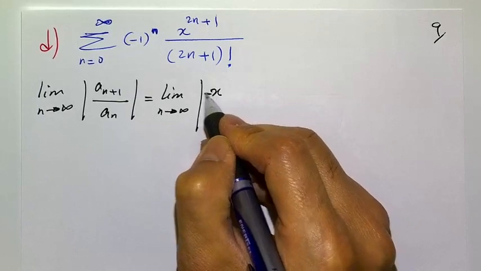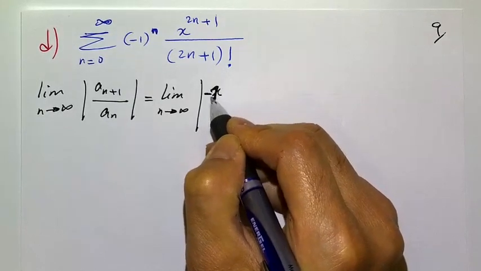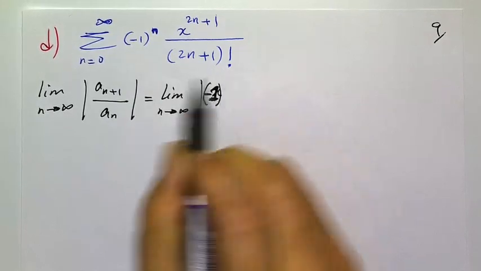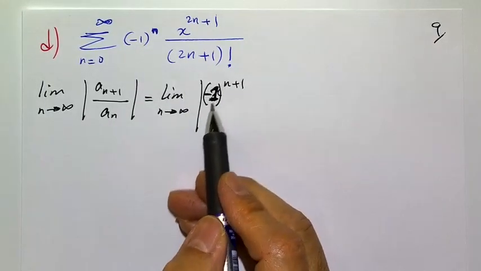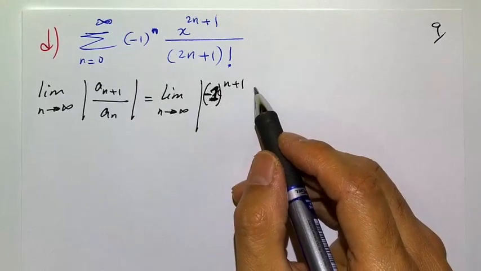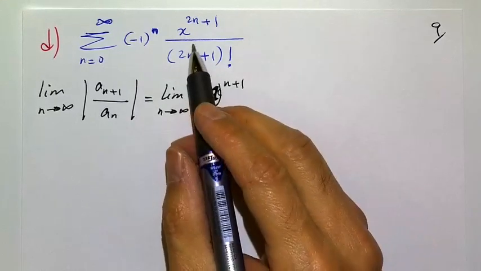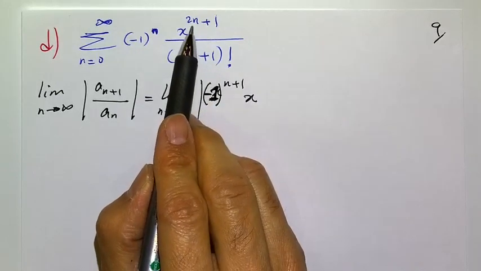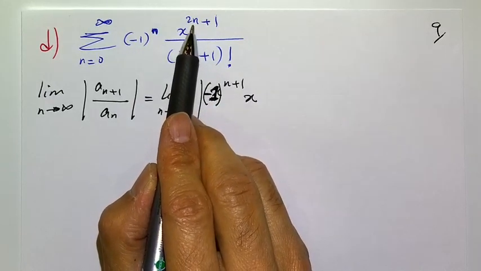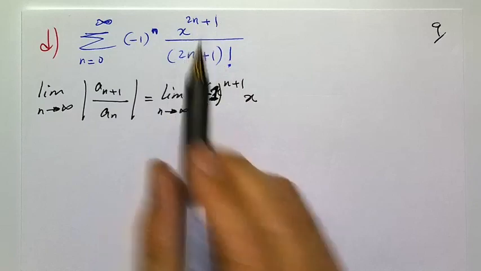I will clean this up before, because I should have said minus 1 to n plus 1. I will maybe clean this up before posting on Canvas. I should do that. And then times x, 2 times n plus 1, it'll be 2n plus 2 plus 1, it'll be 2n plus 3.